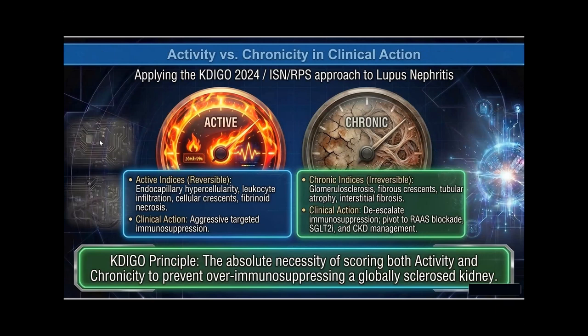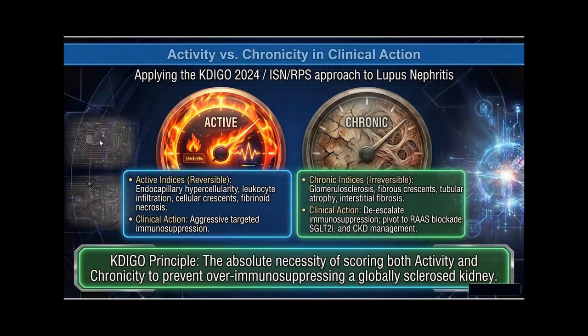Now, activity versus chronicity in clinical action, applying the 2024 guidelines. How do I know whether it is active or chronic? Active indices are endocapillary hypercellularity, leukocyte infiltration, cellular crescent, fibrinoid necrosis.